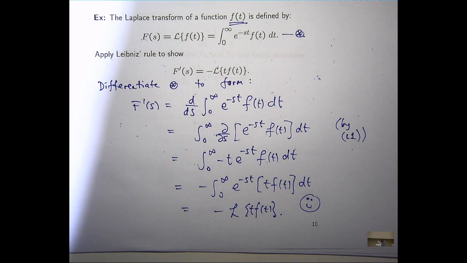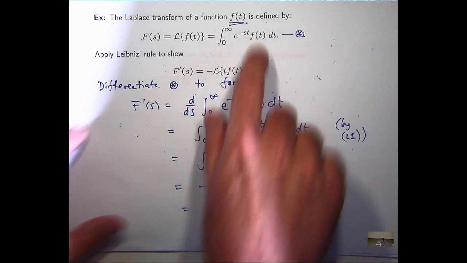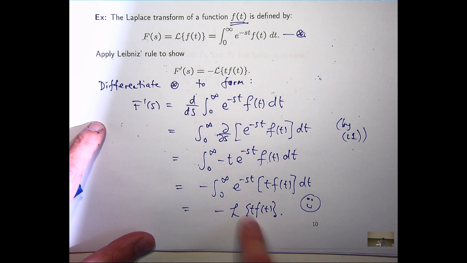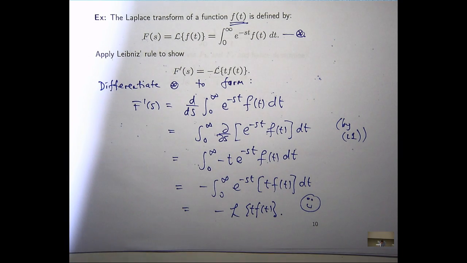So essentially, instead of having an f of t here, we've got a t times f of t here. Now, later in the course, we'll use that result a lot when we're calculating transforms and solving DEs and looking at vibrating systems and things like this.